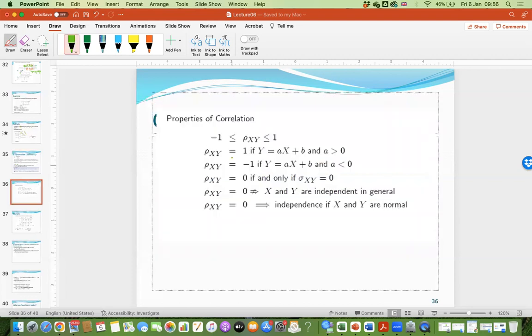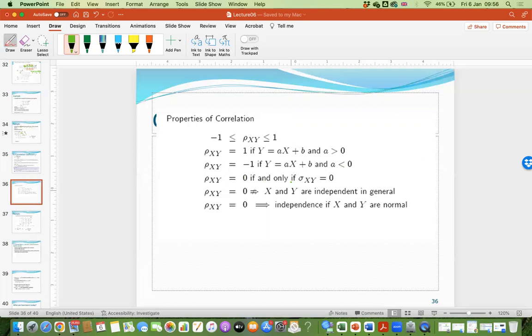So this is the summary. The correlation coefficient is between -1 and 1. If your correlation coefficient is 1, it means your slope is positive. Negative, your slope is negative. But if your correlation coefficient is 0, you still can't claim that your case is independent.